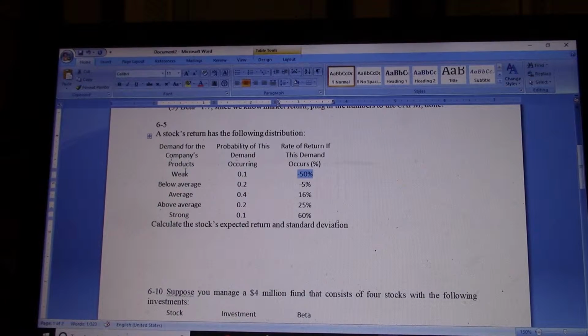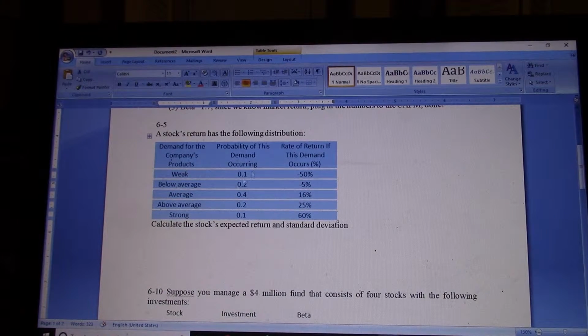The second scenario is below average, average, above average, strong. It gives the probabilities for each scenario and also the returns for each case. So we have one array of numbers for probability, another array for return here.